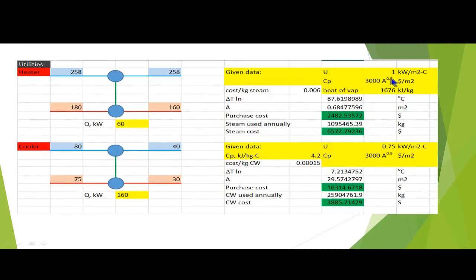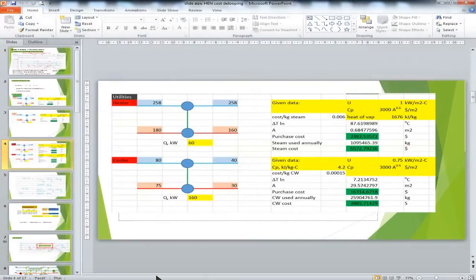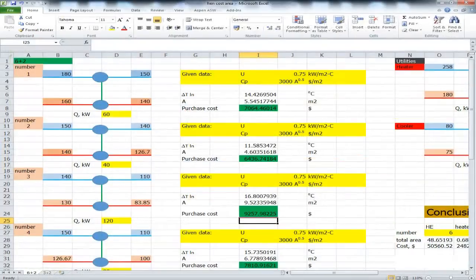So what we do, rather than the equipment, we go to find out how much steam is used annually, and then multiply this amount of steam used annually with the cost. You will get this number. Okay, let's see in the spreadsheet.